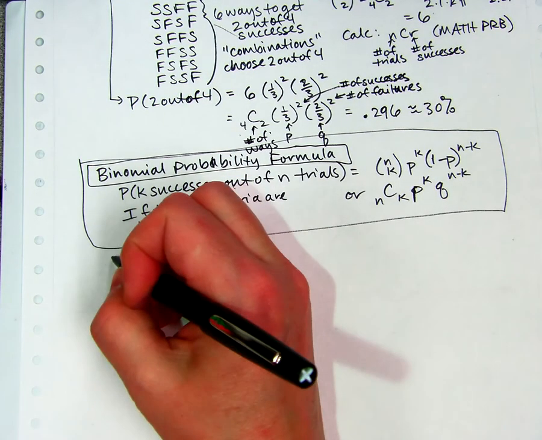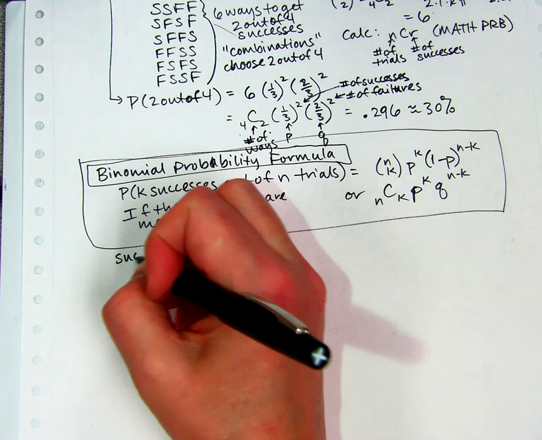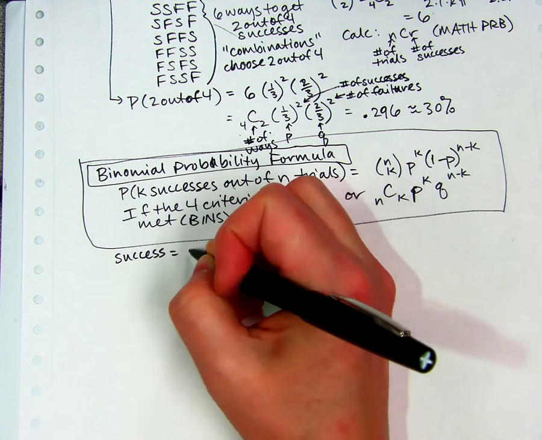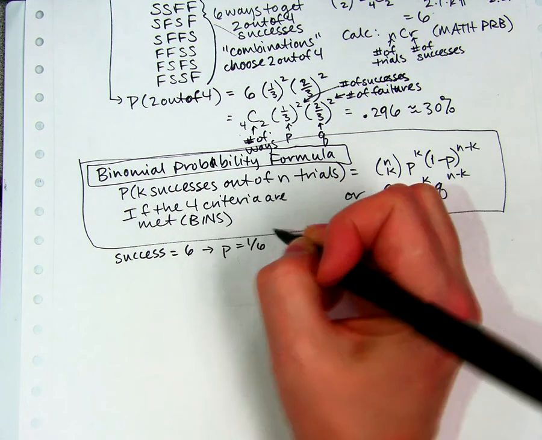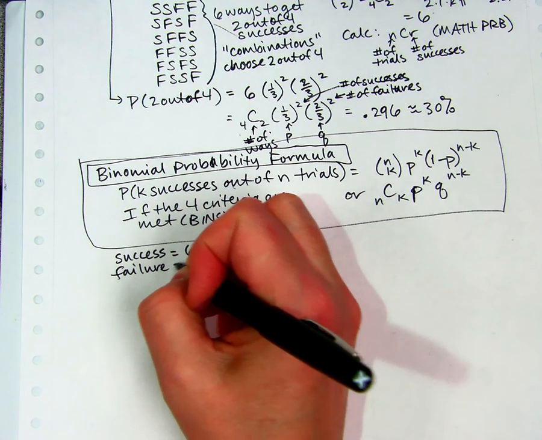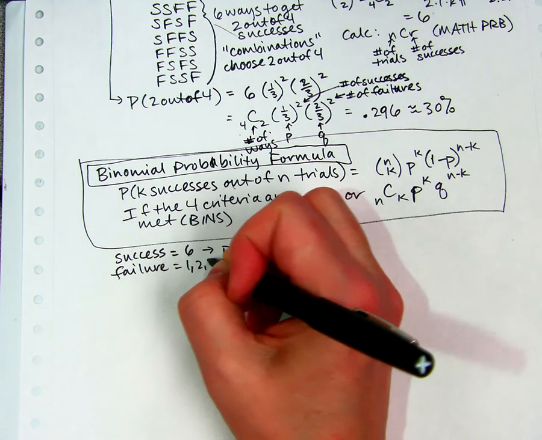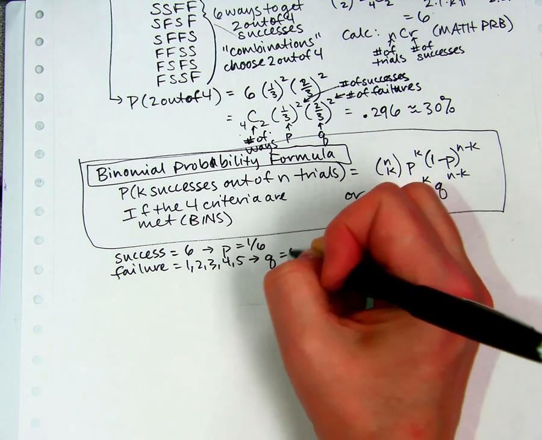So let's say that now we're still rolling dice, and now the success is getting a 6, and that means the probability is 1/6, and failure is any other number on top of the die. So 1, 2, 3, 4, 5 are all failures, and that would be a Q of 5/6.